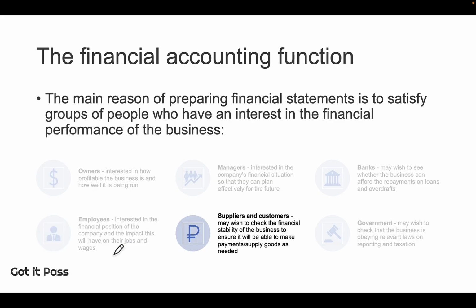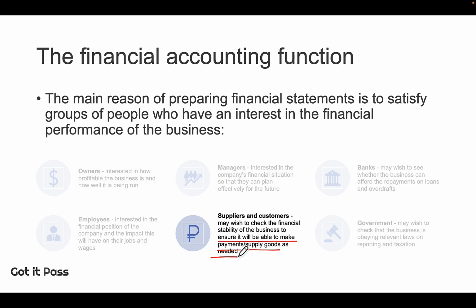For the suppliers and customers, they would like to read through the financial statements because they may wish to check the financial stability of the business to ensure it will be able to make payments and supply goods as needed. One example is about expensive equipment.